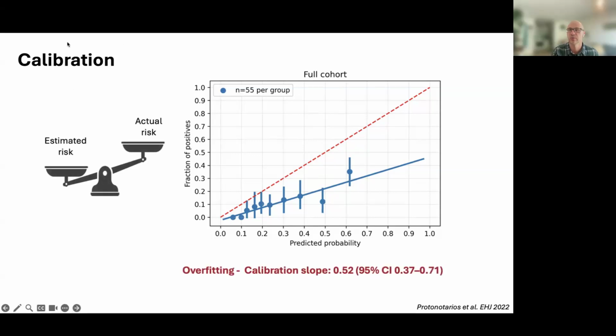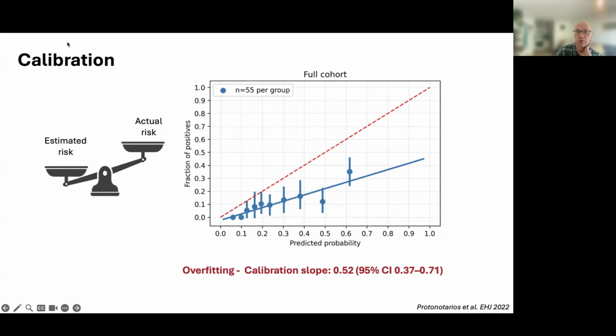So this calibration plot should be calculated on a new validation sample, right? And so essentially what we are looking at is whether the estimated probabilities are the same as the actual proportion of events at a given time point.